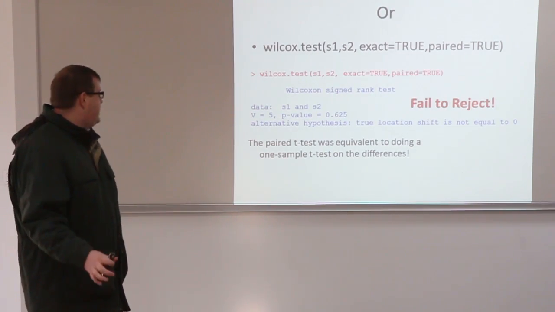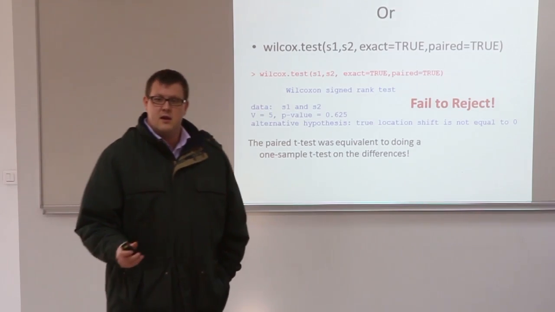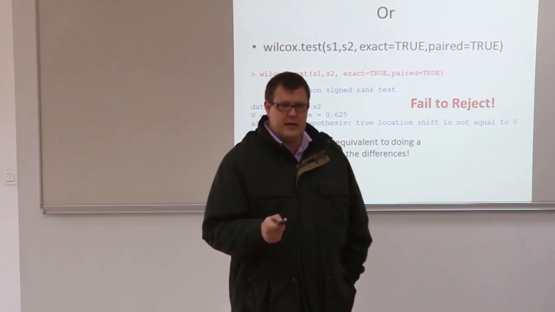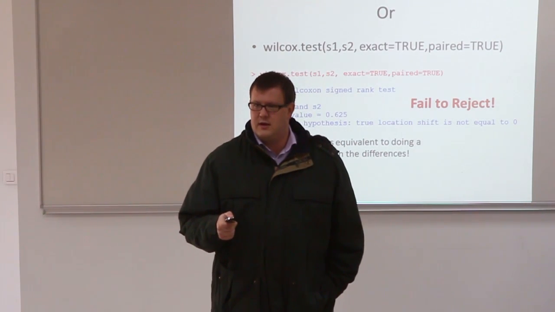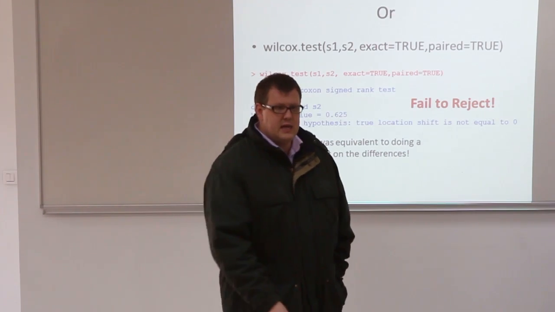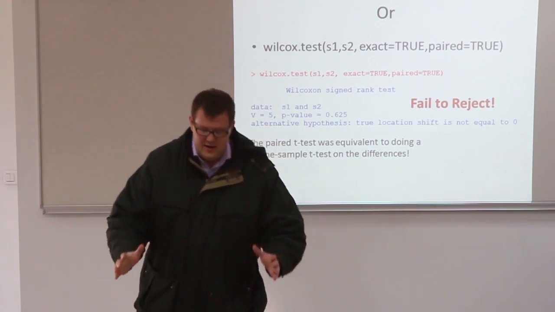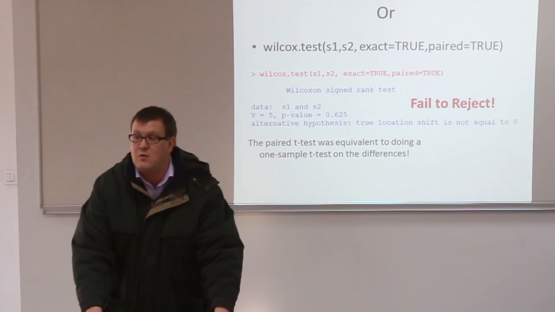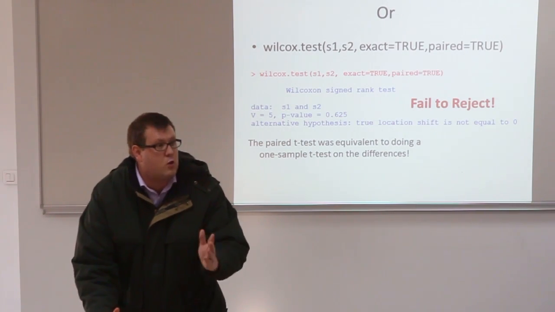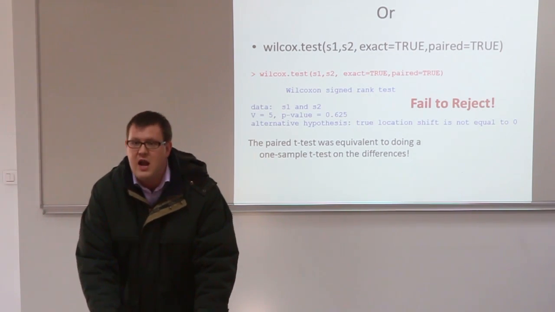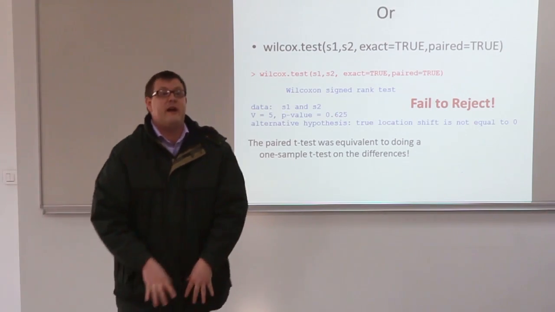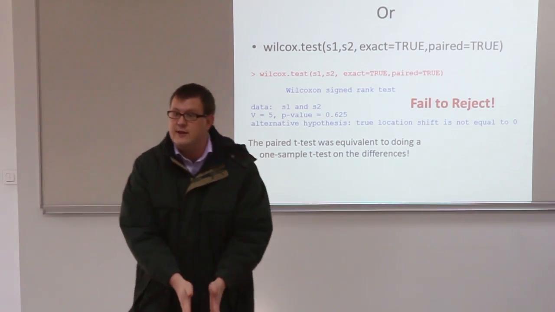Cool. So the paired t-test was equivalent to doing a 1 sample t-test on the differences. Do you guys remember that? When we were dealing with the t-tests, we said that the paired thing was special because we could subtract one thing from the other. And this allowed us to decrease the variance in the differences.